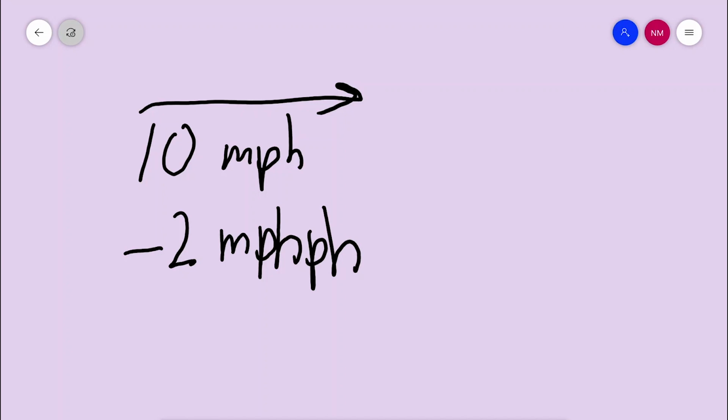Using derivatives, I can figure out my speed every second along the way, because a derivative helps me find how fast something is changing. In other words, it helps me find how fast my position is changing.